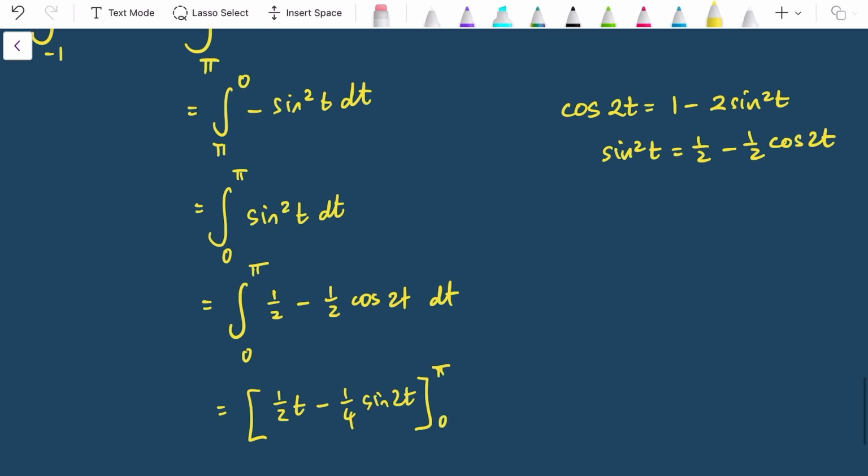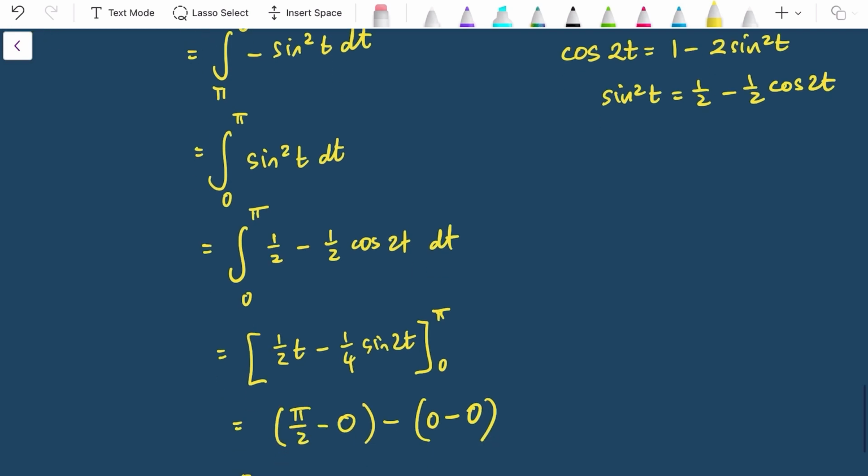Between pi and 0, if I plug in pi, I'm going to get pi by 2 minus 0. 2 pi, sine of 2 pi is 0. Take away 0, which very nicely simplifies to pi by 2.